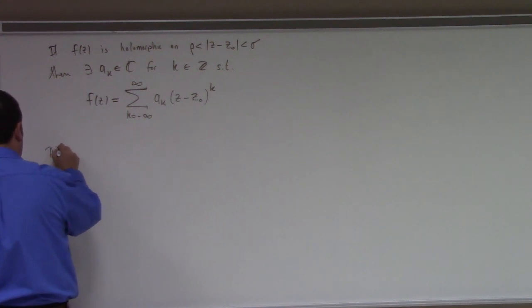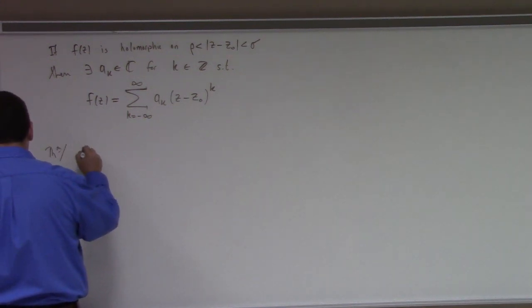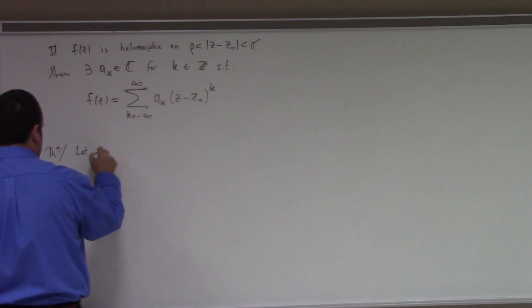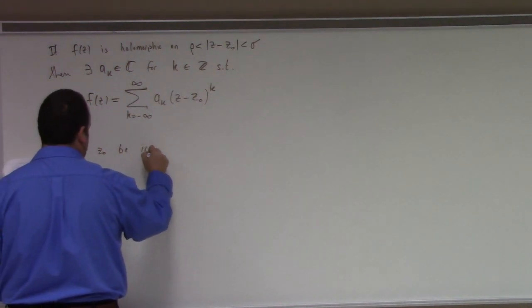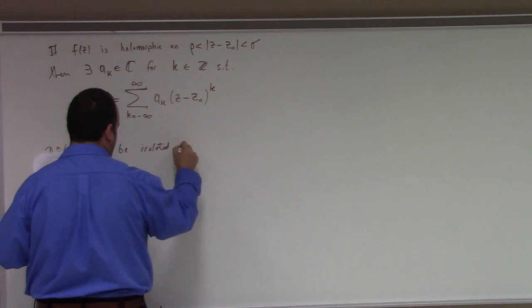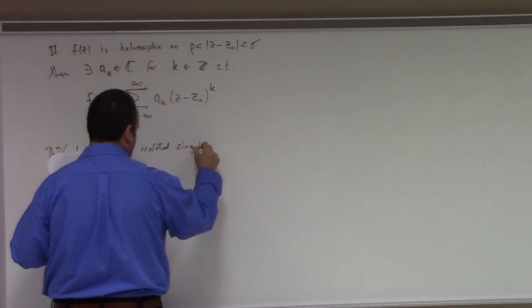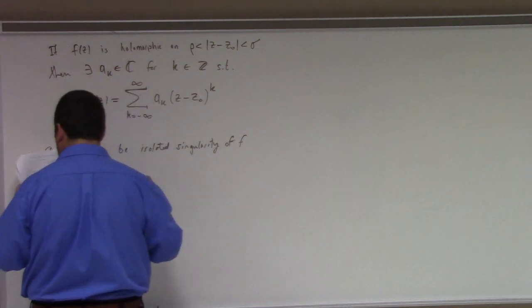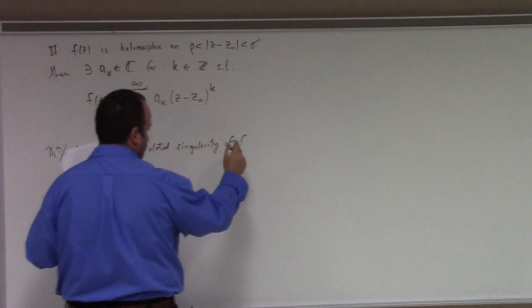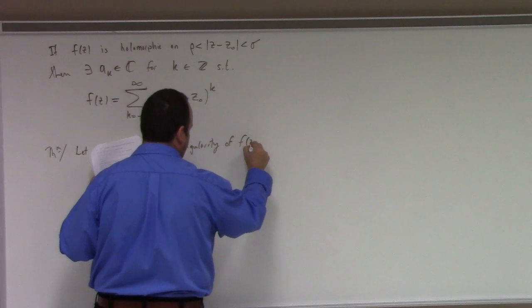The theorem says: let z naught be an isolated singularity of f, all right? I typically write f of z in here.